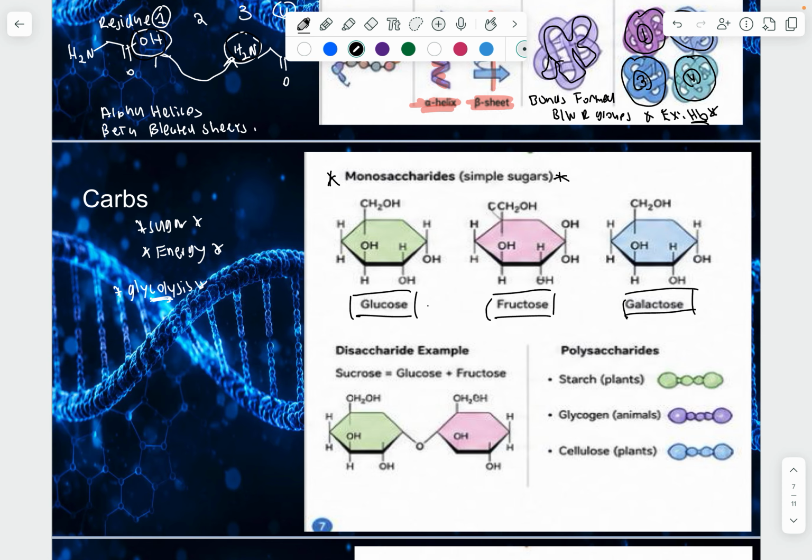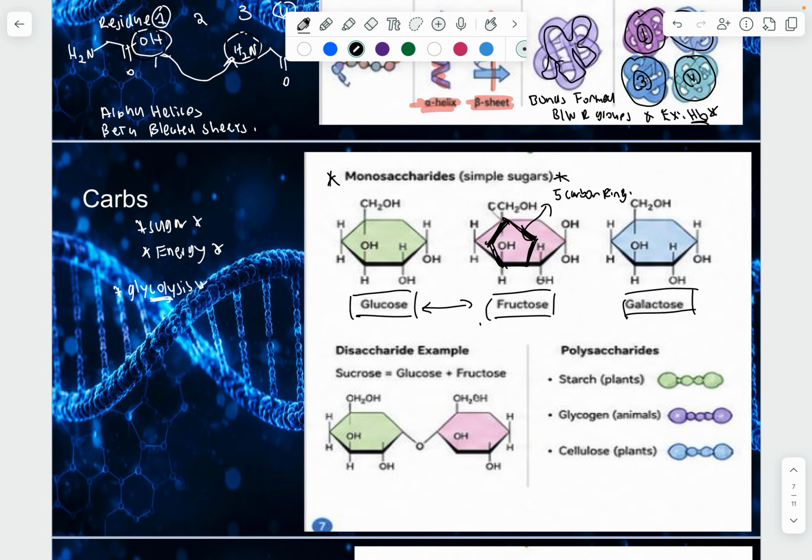Fructose is an isomer of glucose. What's important to note about fructose, though, and let me correct that here. Your fructose ring looks like this. Your fructose ring is a 5-carbon ring. It's not a 6-carbon ring.